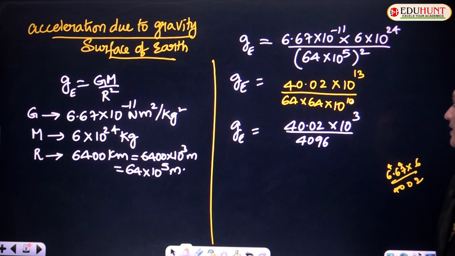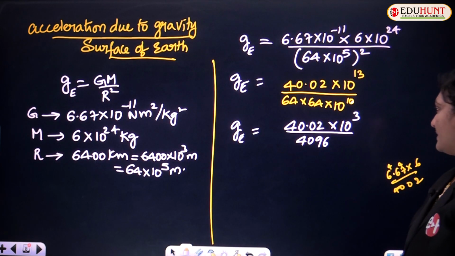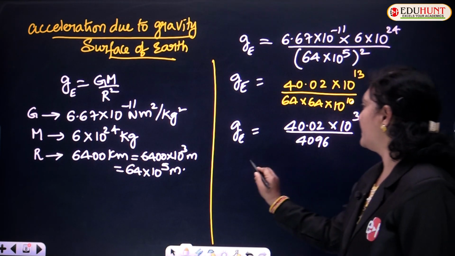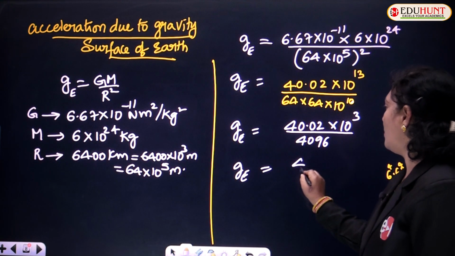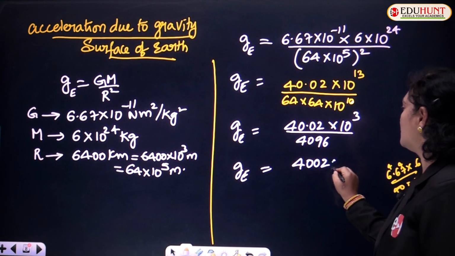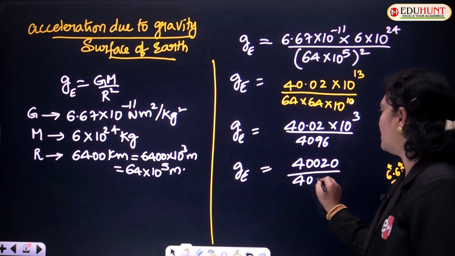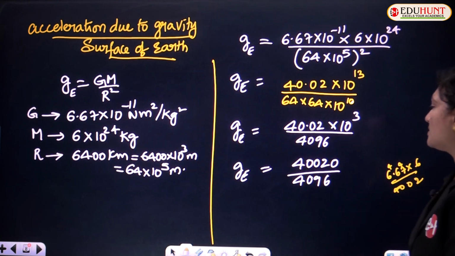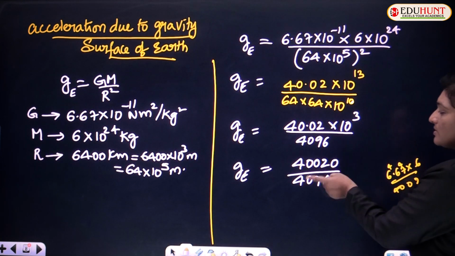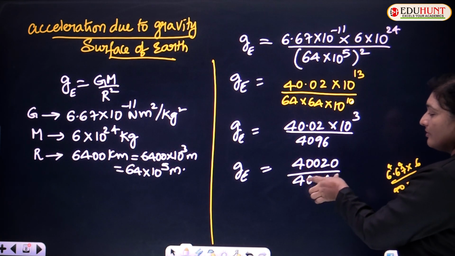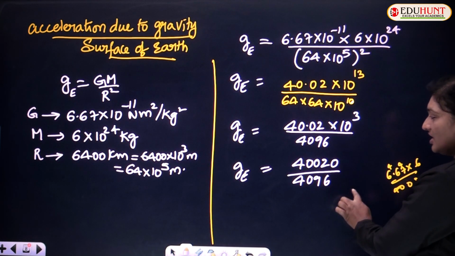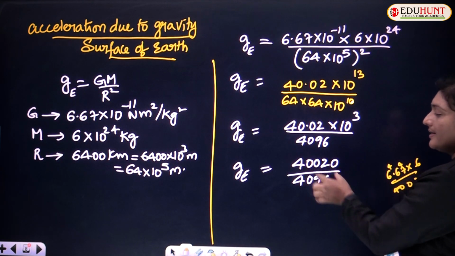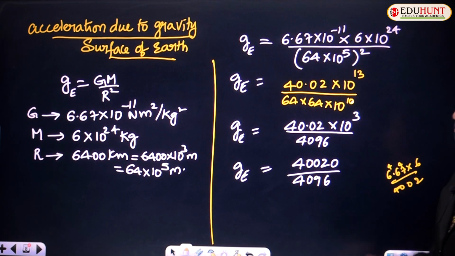So, 64 square is 4096. And multiplying here, we have the value of Ge as 40020 upon 4096. This is approximately equal to 10 times, children. If you multiply 4096 into 10, you will be getting 40960, which is slightly greater than this 40020.